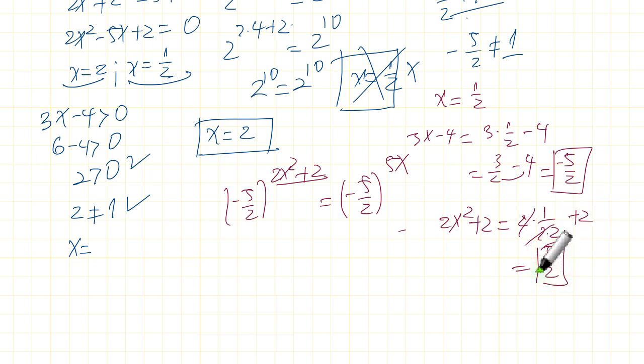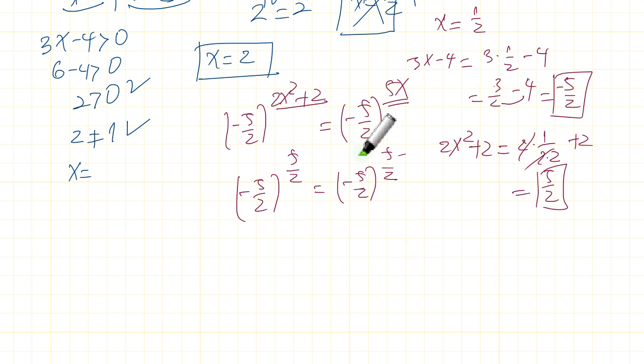And we replace here, we have 5 times 1 over 2, it's going to be 5 over 2. So we have minus 5 over 2 to the power of 5 over 2 equals minus 5 over 2 to the power of 5 over 2.